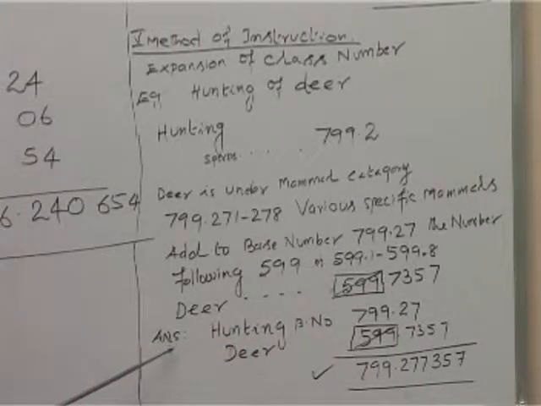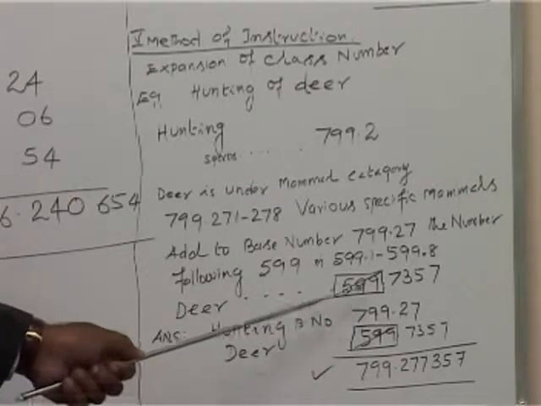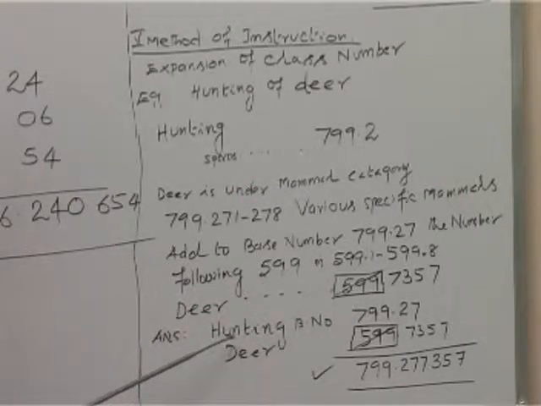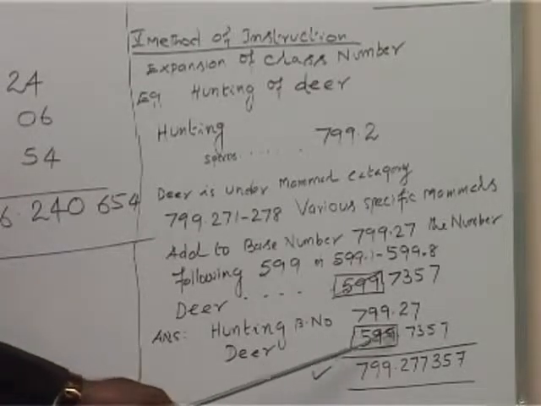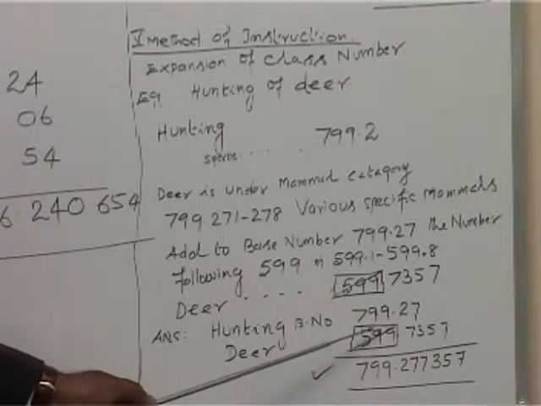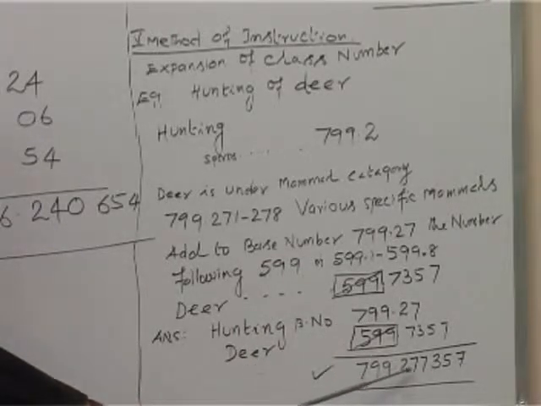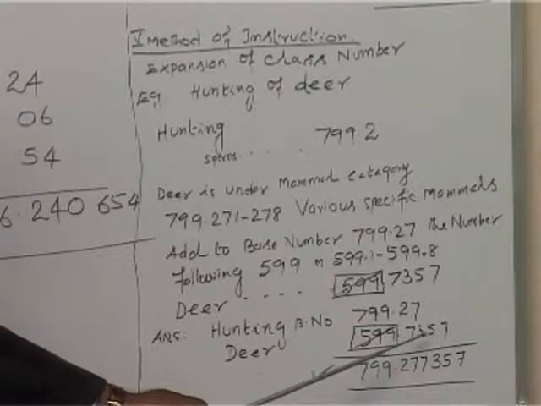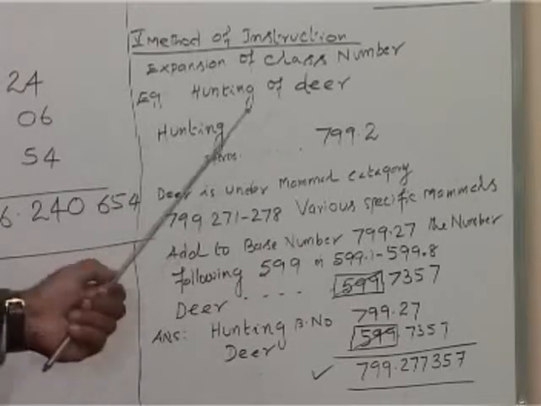Let me explain with the answer here. Hunting base number you have taken 799.27, and deer number 599.7357, but since it is the number following 599, you have to cut down 599. The remaining answer should be 799.27 base number, remaining number 7357. This is your answer. So in such a way we can do the exercise in the last method, expansion of class number method.